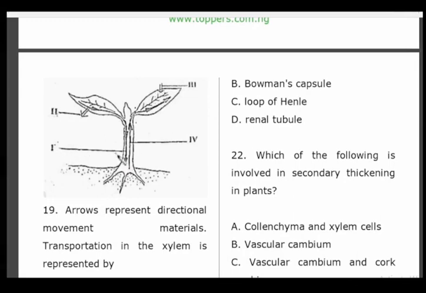You can see this arrow pointing downwards, and this one is another arrow pointing upwards. Here we have another arrow from the outside going to the leaf, and here another arrow from the leaf going outside. So we are going to make use of this to answer questions 19 and 20.